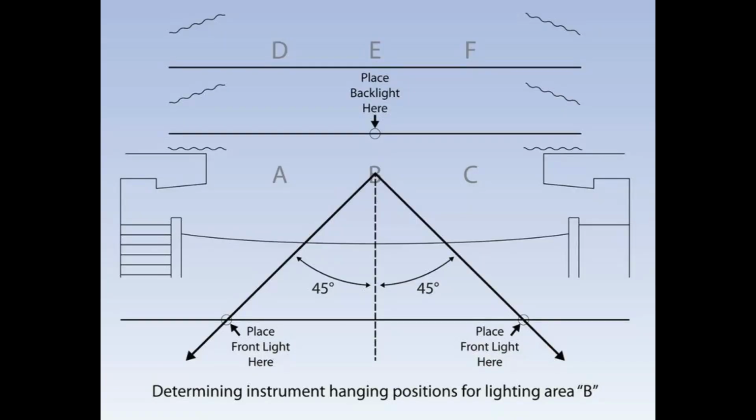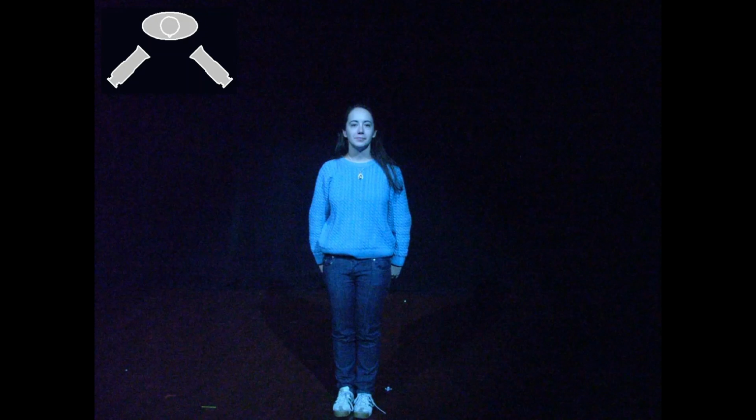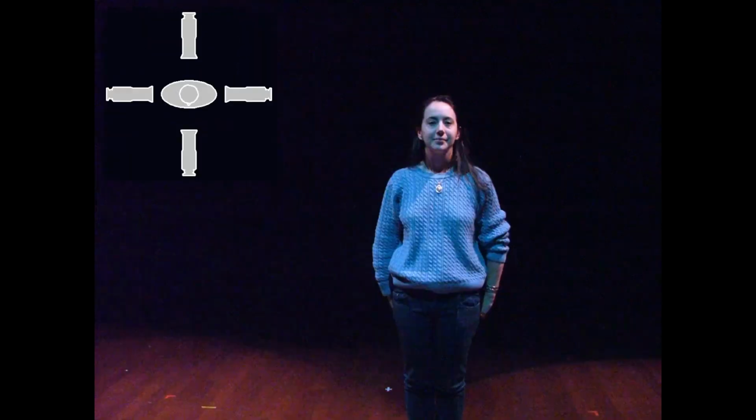In one of the instruments, he put a warm gel, and in the other instrument, he put a cool gel. He hung one more instrument behind the actor to light the actor from behind. This method best represents the lighting that a person would have in the natural world. We still use this method today to get the most natural look on the actor on the stage.